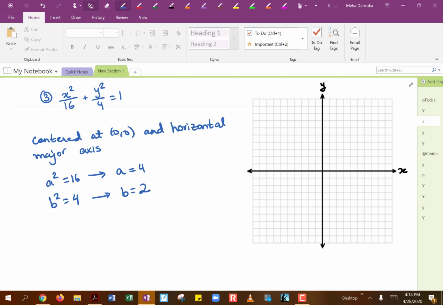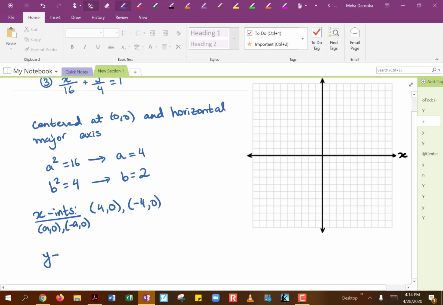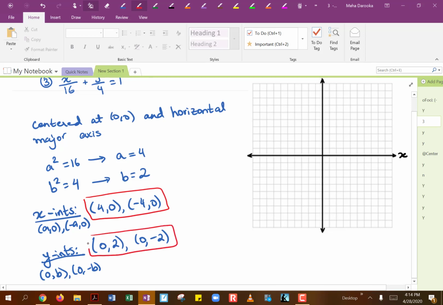I mean, obviously you end up using both positive and negative, so this tells us our x-intercepts are coming from the a value, so that's going to be positive 4, 0 and negative 4, 0, so that's your a values, and then the y-intercepts are coming from the b value, so that's going to be 0, 2 and 0, negative 2, so this will be 0, b and 0, negative b as your y-intercepts. So here are the x and the y-intercepts.